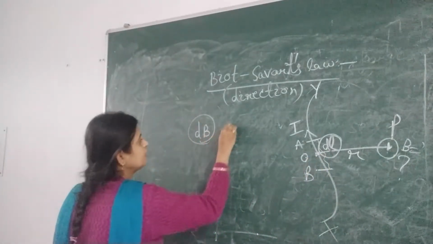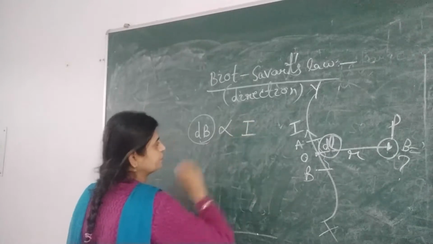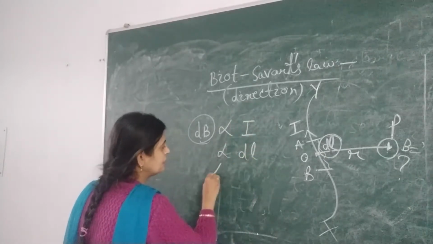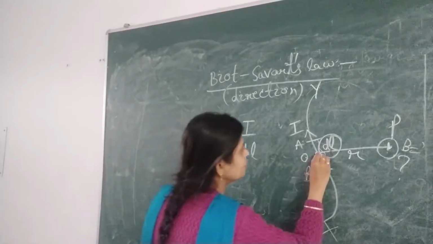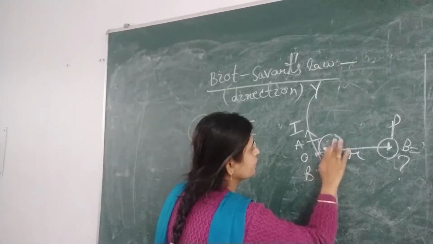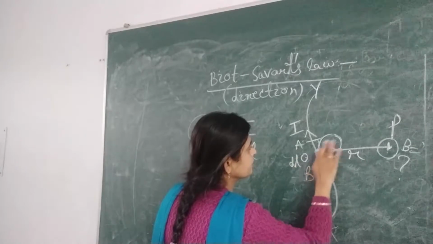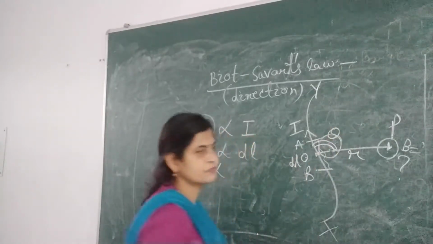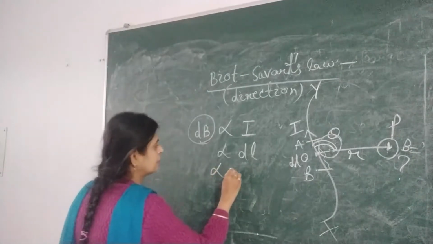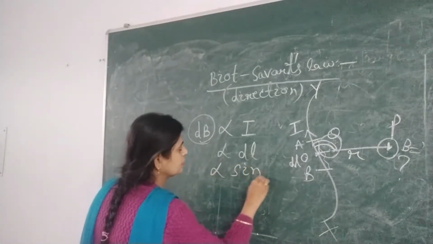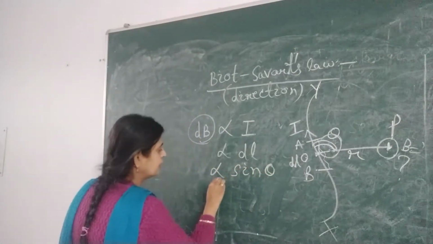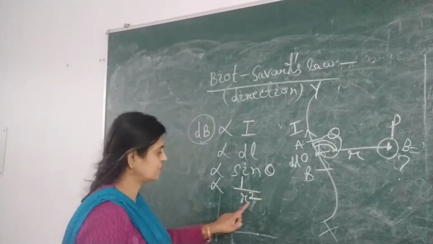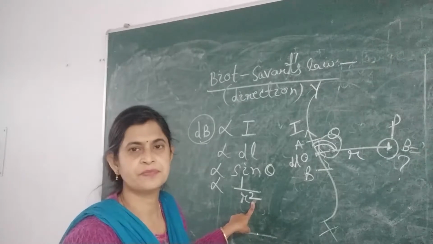So dB is proportional to I, proportional to dl, and proportional to sin theta, where suppose this angle is theta, and inversely proportional to the square of the distance.